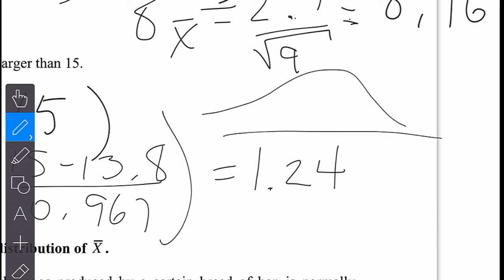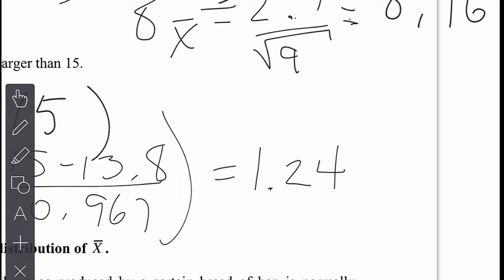1.24 standard deviations, and go right here. To find this answer, you can go into the table and look up 1.24. That will give you the left side, and then you calculate 1 minus that. So why don't you do that? Look up in the table and give me this value on the left, the percentile.